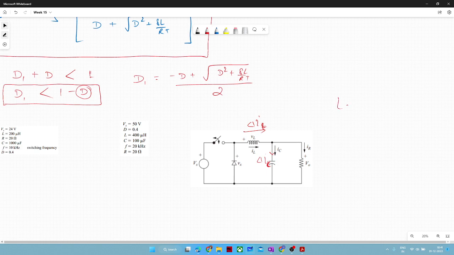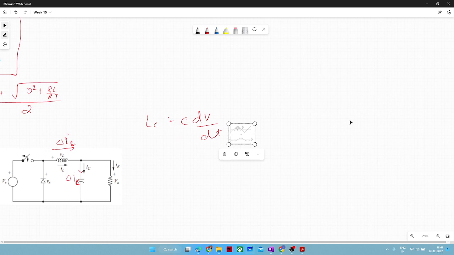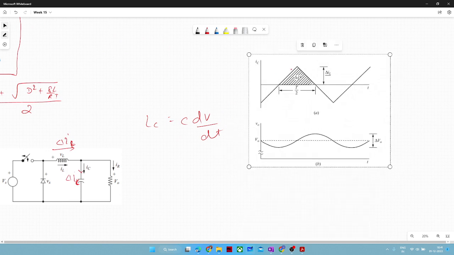And we all know IC is equal to C dV by dt. Let me show you the waveform of the capacitor as well. See here, whatever ripple is present in your inductor is directly reflected in the capacitor, and IC we know is C dV by dt.